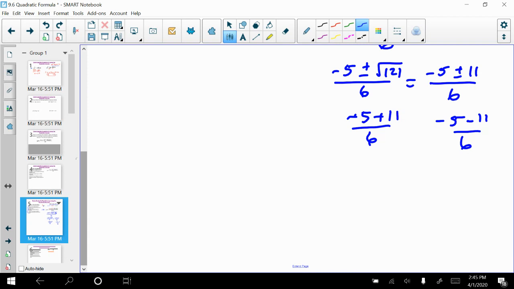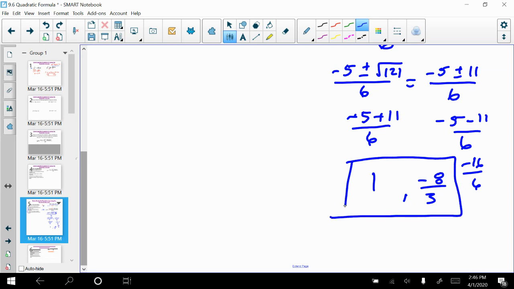Now -5 plus 11 is 6, so we have 6 over 6, which is number 1. Now our other solution is going to be -5 minus 11, which is -16 over 6. Now -16 over 6 could be simplified to -8/3, or you could type that in your calculator and that would give you your answer as well. So our answers from doing the quadratic formula are 1 and -8/3.